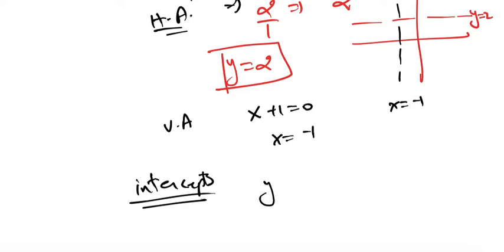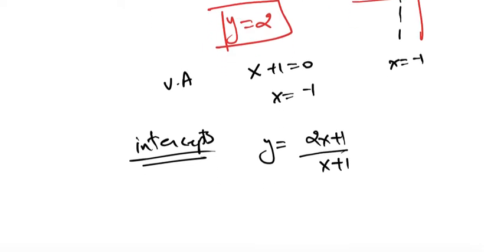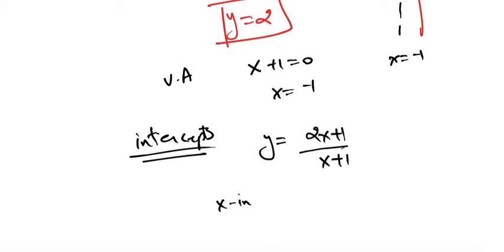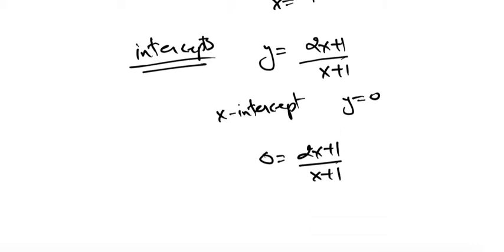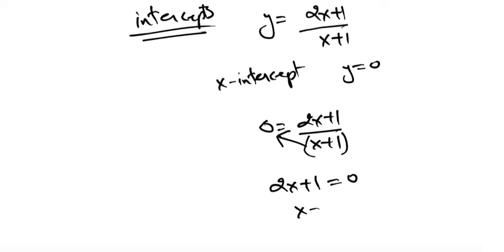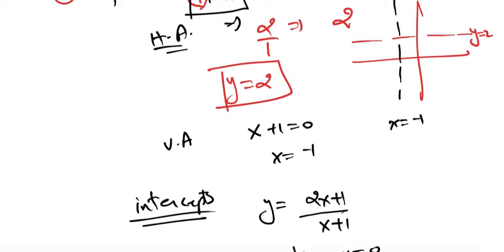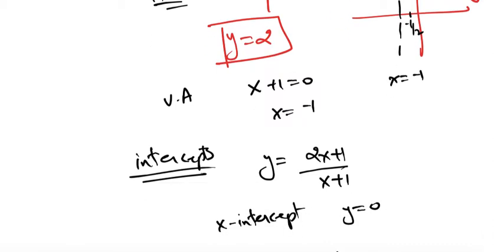In the question, y = (2x + 1)/(x + 1). To find the x-intercept, we put y equal to 0. So 0 = (2x + 1)/(x + 1). Cross multiplying by x + 1, we are left with 2x + 1 = 0, x = -1/2. So this point will be somewhere here.